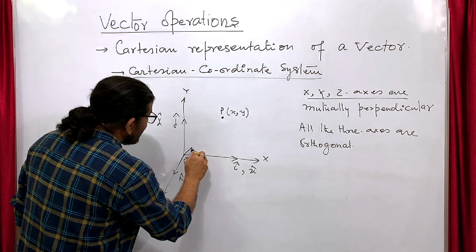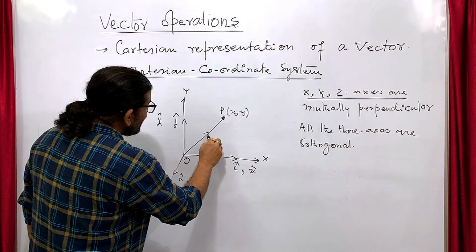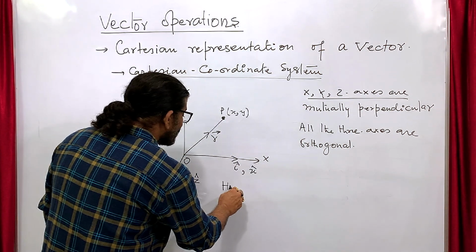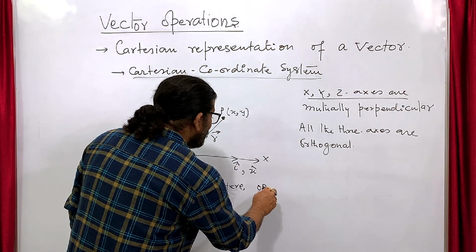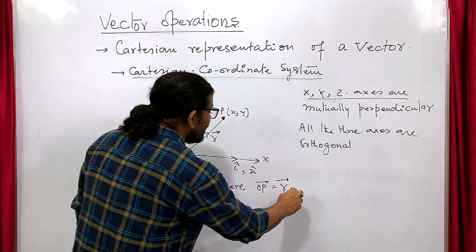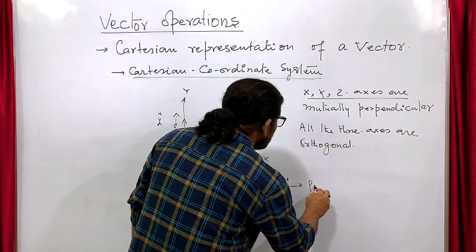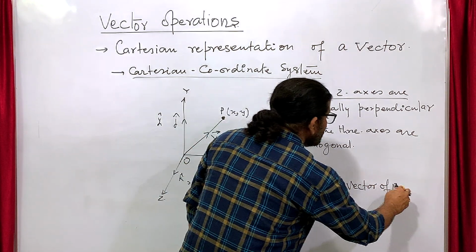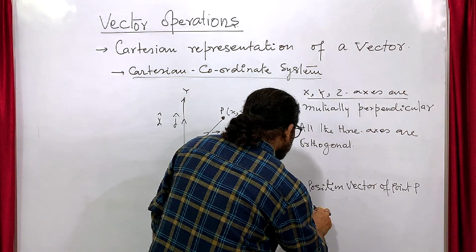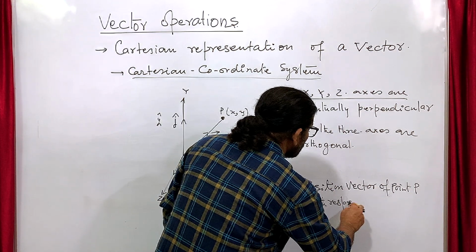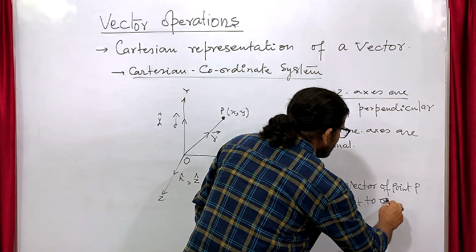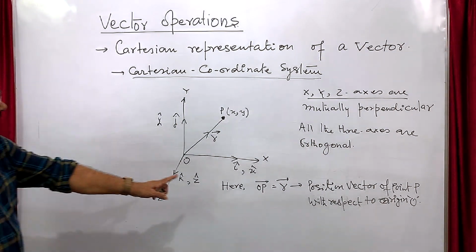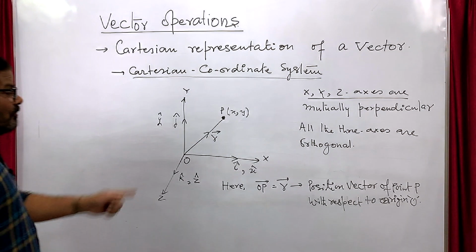If you join these two points and represent this by a vector r, then we are defining OP vector, represented by r, which is called the position vector of point P with respect to origin O.